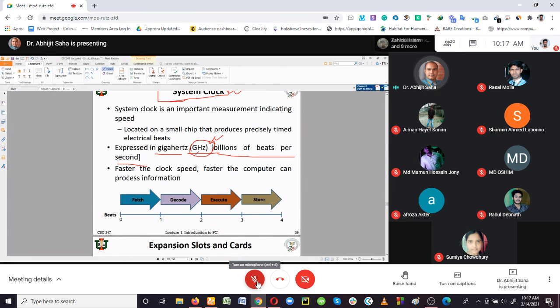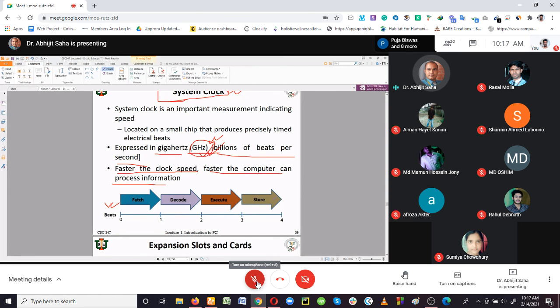At the same time, the computer systems we have these days are multi-scalar. Previously the CPU had only one core, the single-core processor, which we used to call a uniprocessor, but these days we have multi-core processors. So the multi-core processors deal with more gigahertz, more power, and we know that the faster the clock speed, the faster the computer can process information.